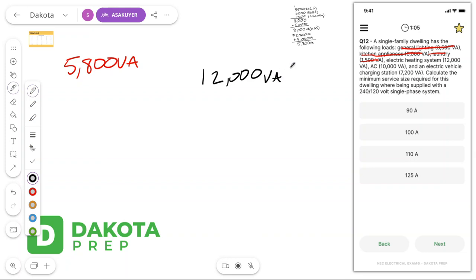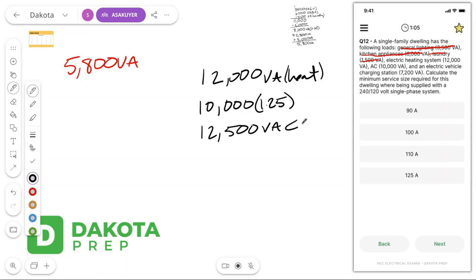Volt amps for heat, but 10,000 for our AC. And since our AC is not the largest of the two per 220.60, we have to multiply that by 125%, which means we can't just use 10,000. We have to use 12,500 volt amps for our AC.